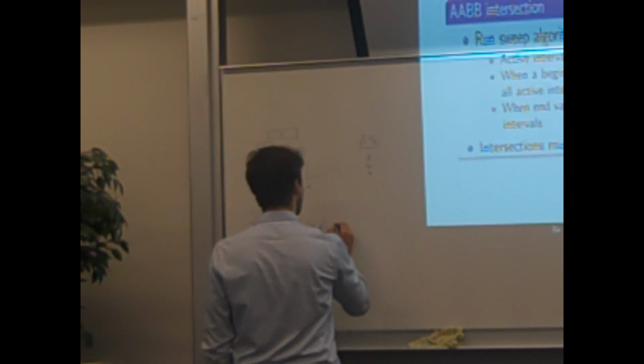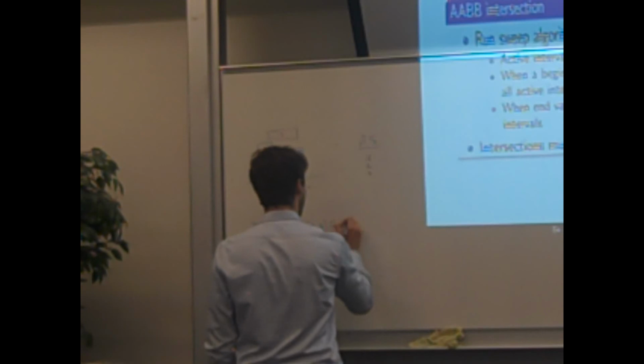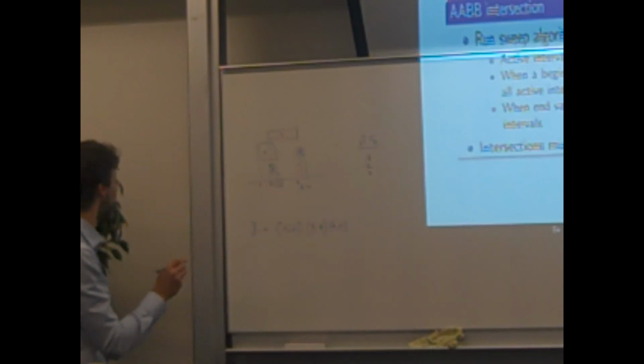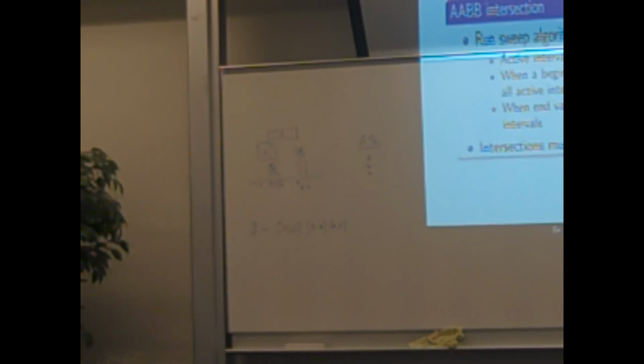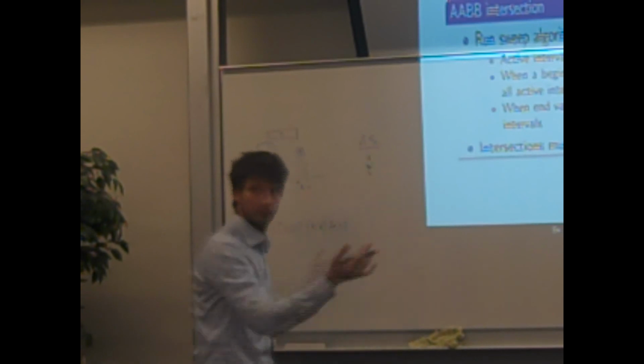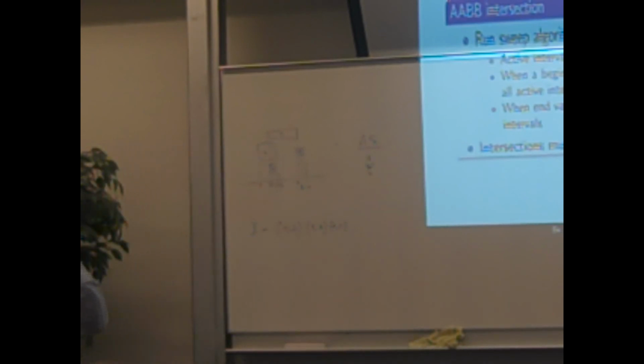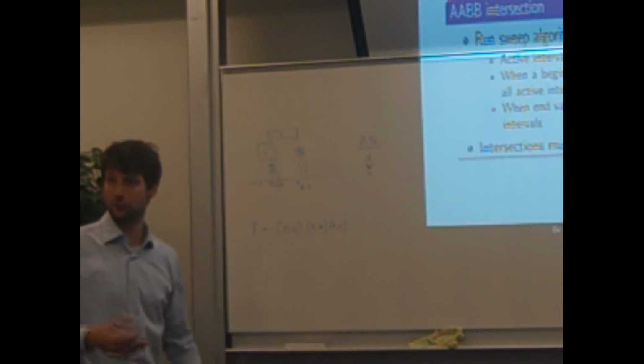Next point is D. D is a closing point. What do we do? You remove 2 from the active set. The interval of 2 is over, so 2 doesn't intersect with anything else, and we remove it from the active set. Is it clear, or do we have to finish?